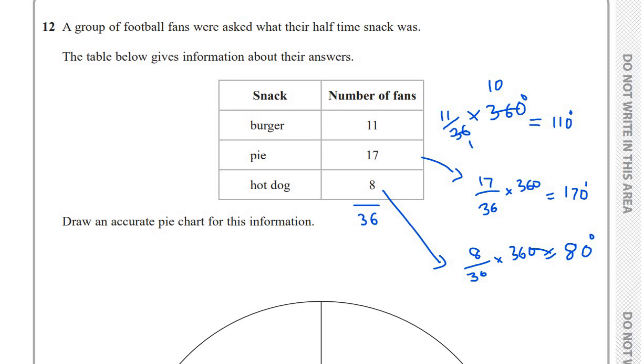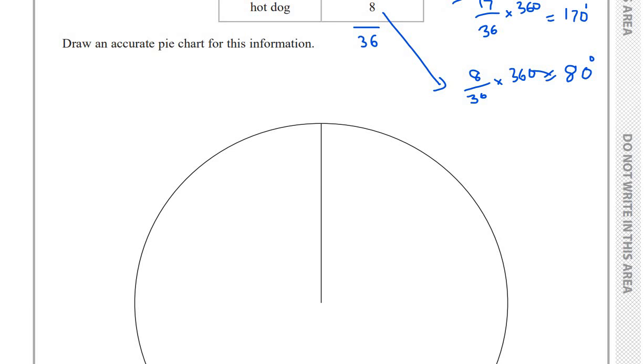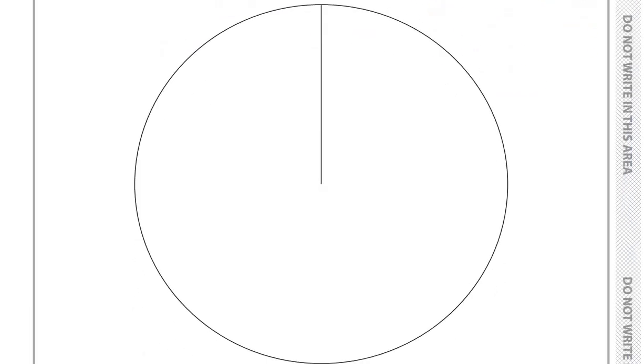And now you just need to use your protractor and your ruler, and I'm sure you'll be able to draw these sectors accurately. So it will be something like this: 110 degrees for burger, and the pie is around 170 degrees.